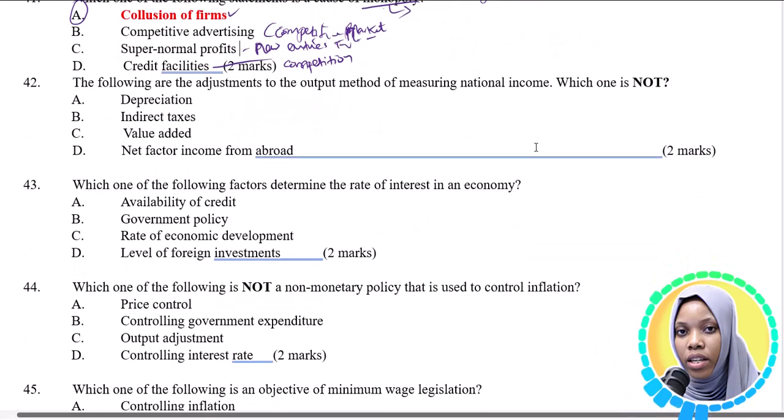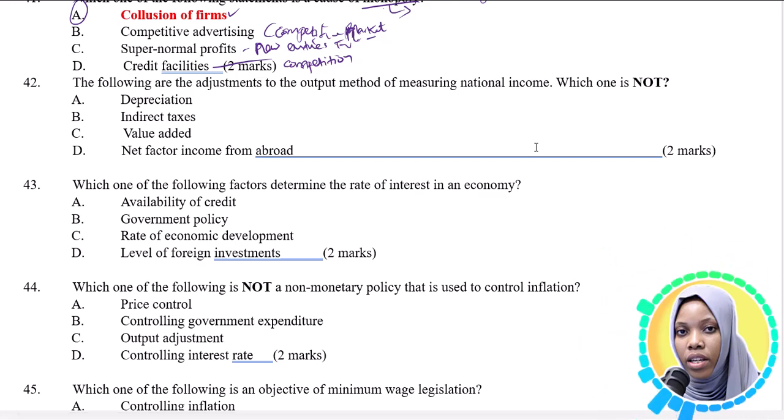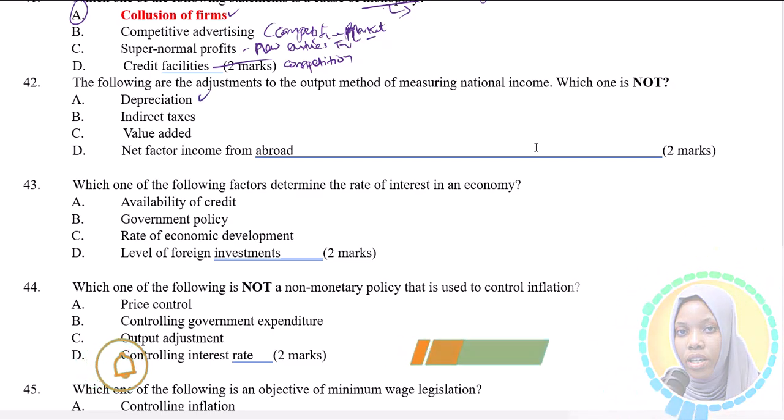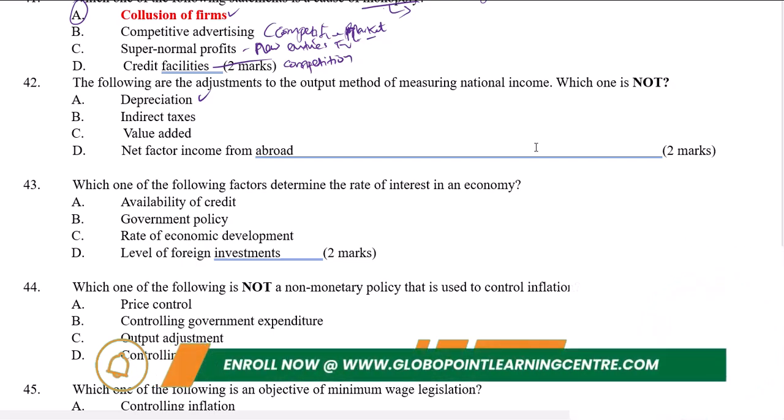Then let's go to question number 42, which reads, the following are the adjustments of the output method of measuring national income. Which one is not? Depreciation, yes, this is wear and tear. It measures national income using the output method. Indirect taxes, e.g. VAT, that is true.